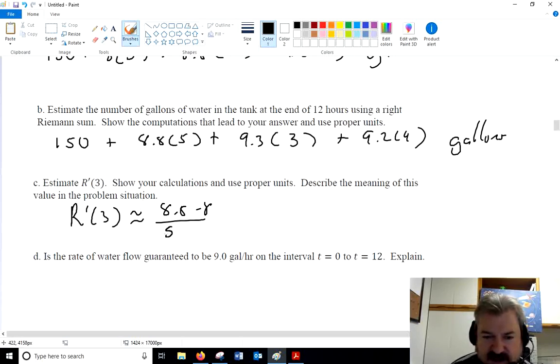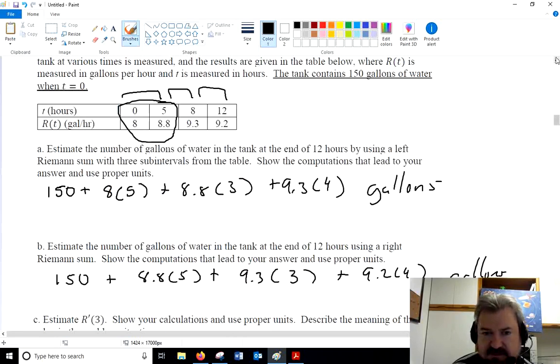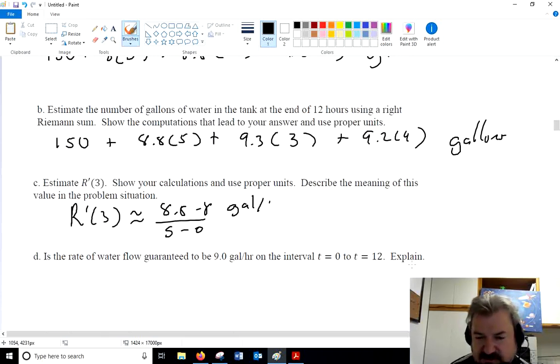So 5 minus 0. Now the numerator's units are gallons per hour, right? So we always put the y units up here, gallons per hour, and then this is a change in hours. So this is gallons per hour per hour.